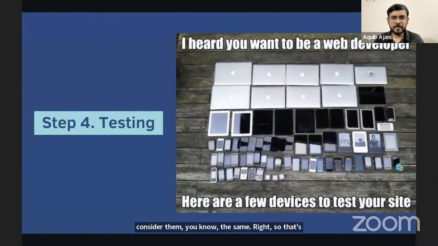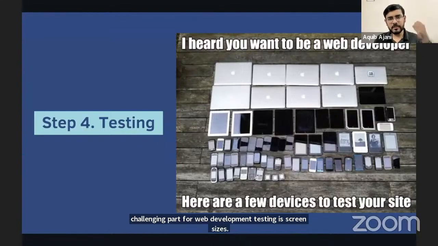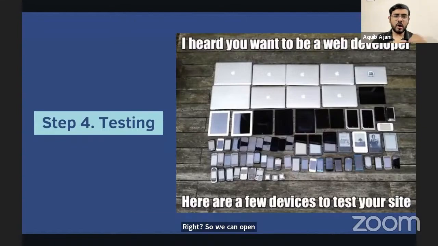Then the next step after development is where we test the application. And again, you can see the image here. The most important or the most challenging part for web development testing is screen sizes, right? So we can open a website on something as simple as a smartwatch all the way to a big 100-inch TV, right? So everything is possible.